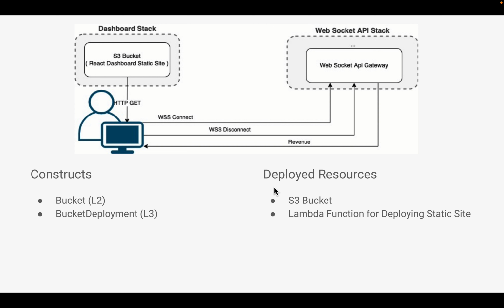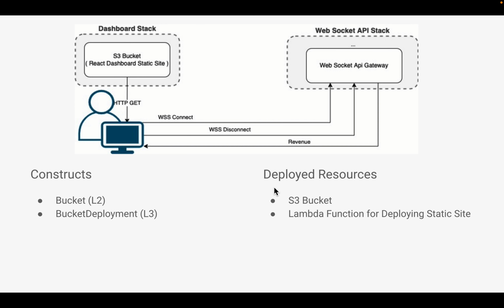So the S3 bucket itself is going to be configured as a static website hosting bucket, and then the bucket deployment construct is an L3 construct, which is used to copy files, any files really, to an S3 bucket from one's deployment machine.